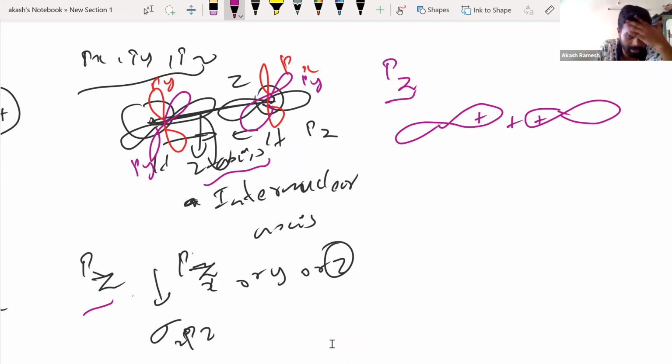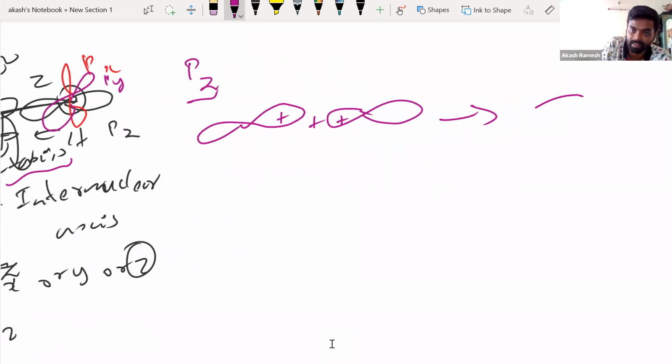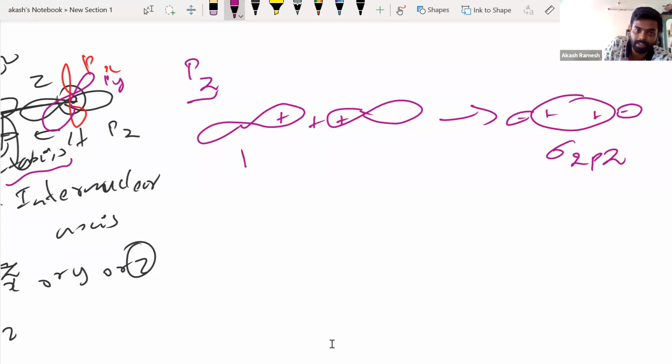That means constructive interference. This is 2pz, and I'm going to form sigma 2pz. This is constructive interference.